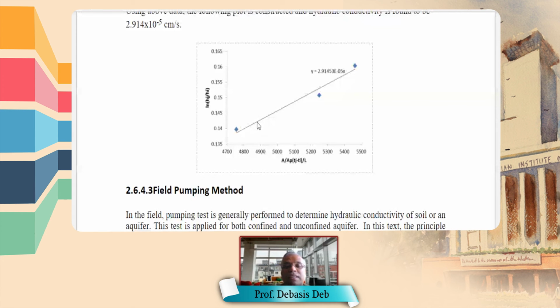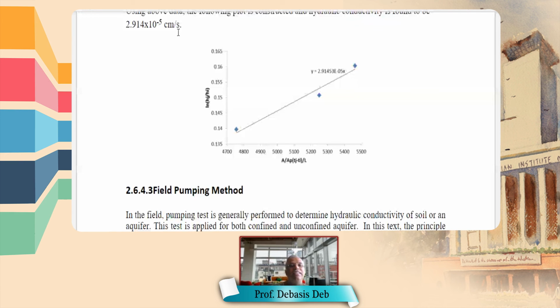And that is found to be 2.91 into 10 to the power minus 5 centimeter per second. So you see how slow it is. It was hardly moving, this water.